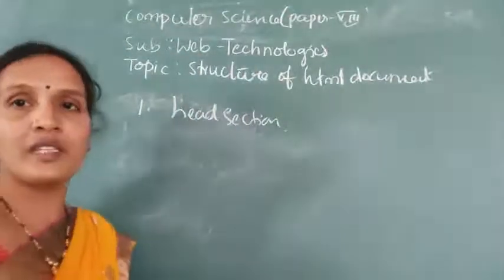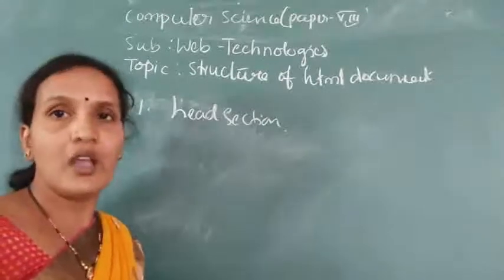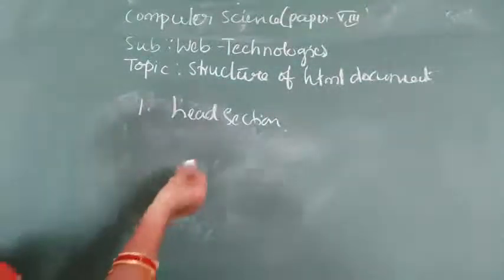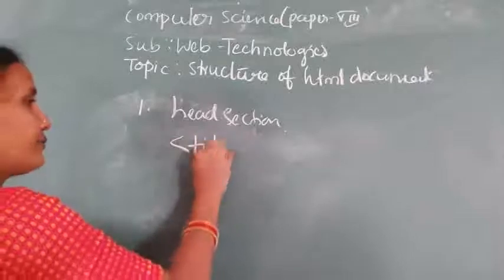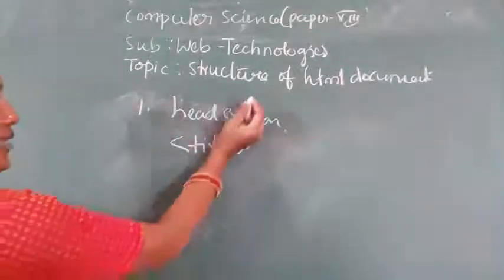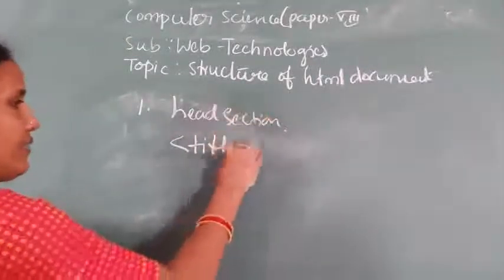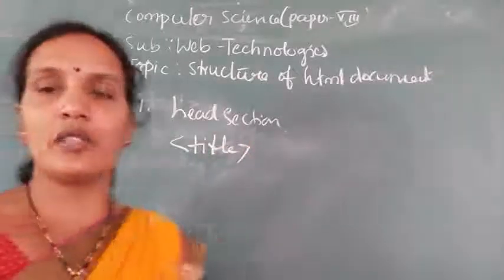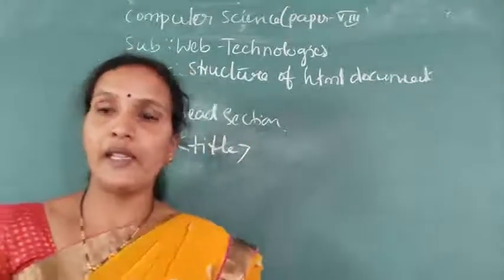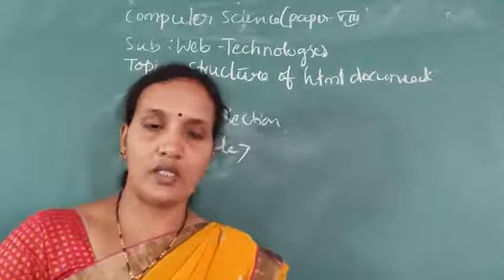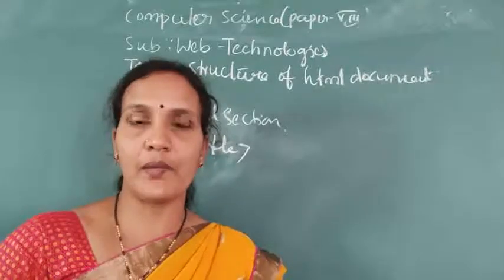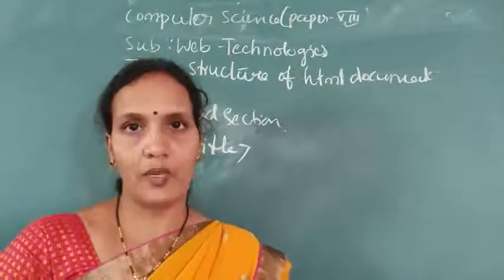And this section also contains one nested tag, that is the title. T-I-T-L-E, title. What is the use of this title tag? This tag gives the title of your document.